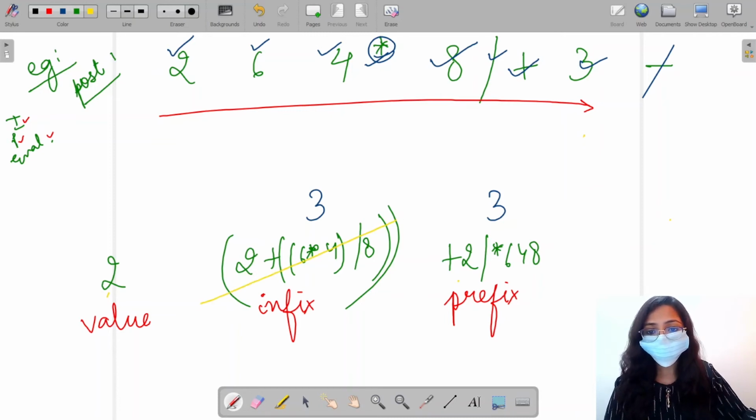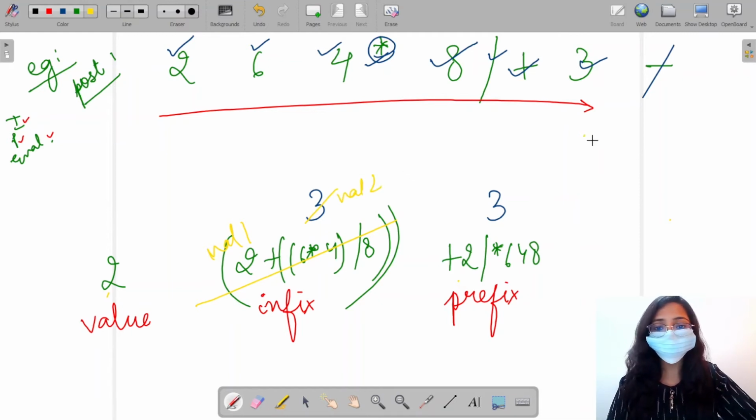Infix expression will have this as value 1, this as value 2. So we'll have value 1 as it is, right? So we have 2 plus 6 multiplied 4. This value we have onto the stack. Then we want the operator, that is minus, and then we want 3.